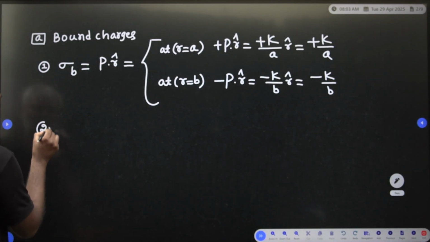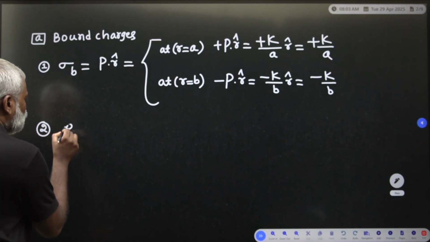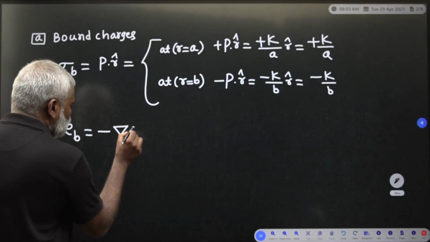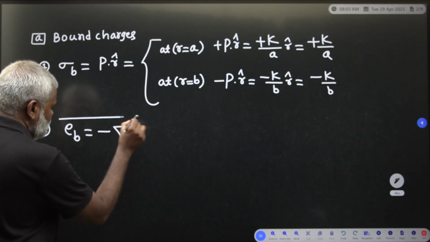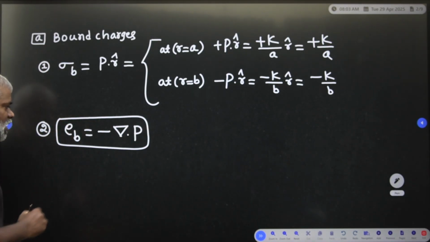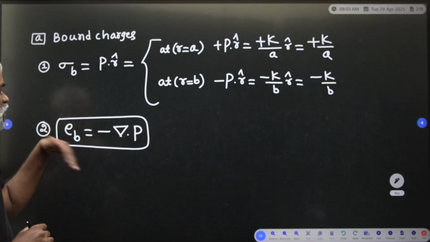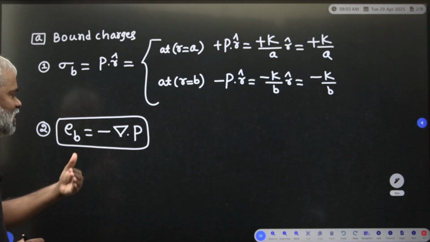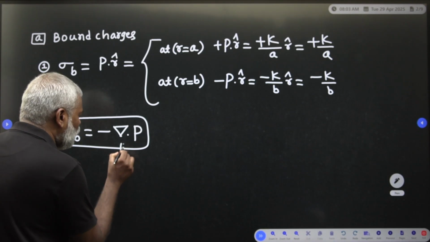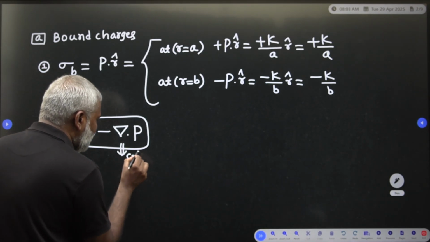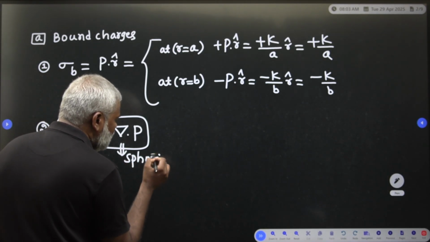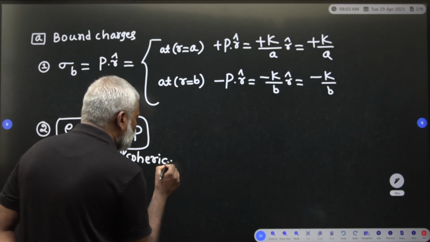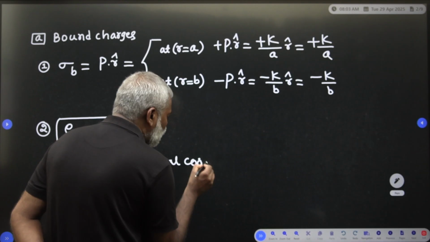Now, we have to calculate the second one, the bound volume charge density. What is the formula? It is the negative divergence of polarization. Which coordinates do we take? Spherical polar coordinates, because our system is a spherical shell, that is why you have to use spherical coordinates.